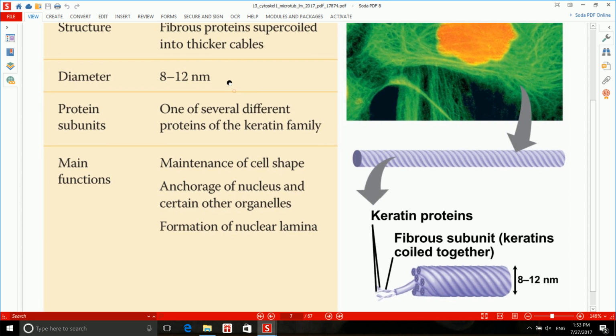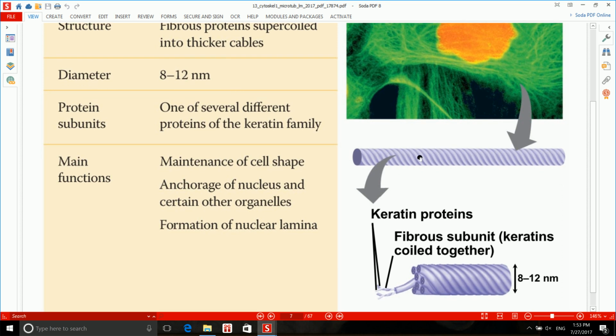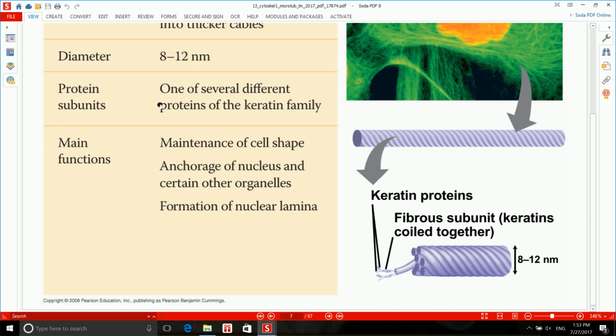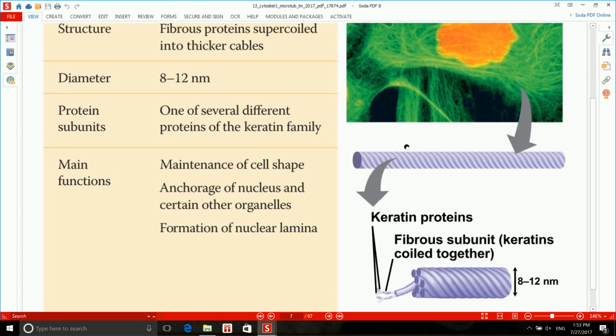The diameter, as I said, you just need to know they are in between microtubules and actin filaments or microfilaments, and that their subunits, if you remember, were written as various. Now it says one of several different proteins of the keratin family. So the keyword here is keratin. You have to memorize keratin as the subunit for these intermediate filaments.